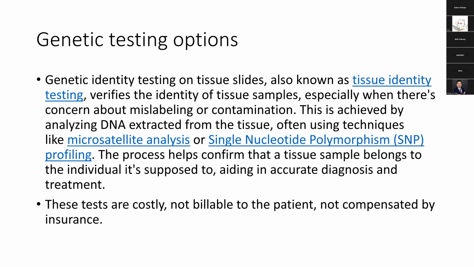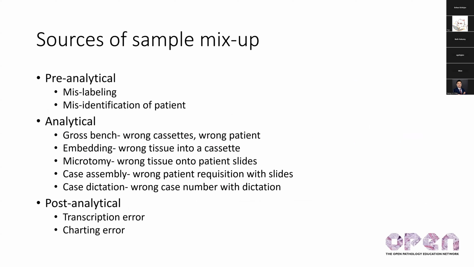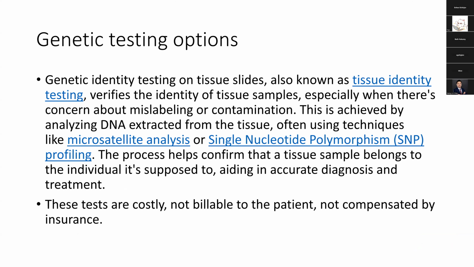And so specimens that, for example, get contaminated at the time of microtomy from the water bath, for example, little fragments of somebody else's tumor floating on the water bath shows up on the wrong patient, but it looks different. You're not sure. The patient didn't come in with symptoms suggestive of cancer, but you don't want to miss an occult opportunity to detect something early. So you may be compelled to either do a repeat biopsy, or if that's not reasonable, to do this genetic testing option.